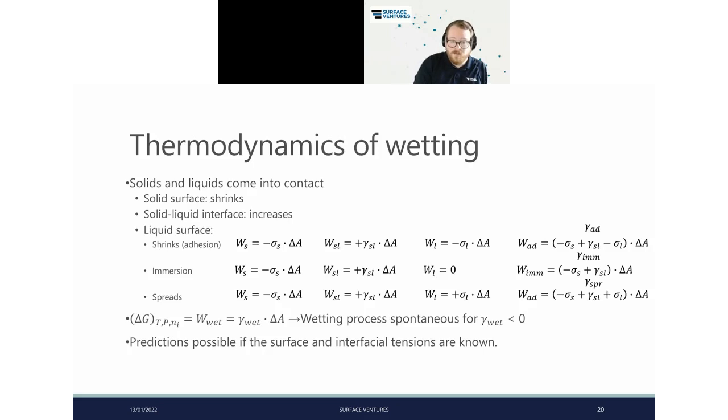We can think of this in terms of the liquid shrinking if wetting cannot be achieved. We can have immersion, where one phase is immersed in the other, and then spreading. So we can make predictions about this if we know what the surface and interfacial tensions are. As I talked about before, we're able to define certain things about the interface and about the different phases.